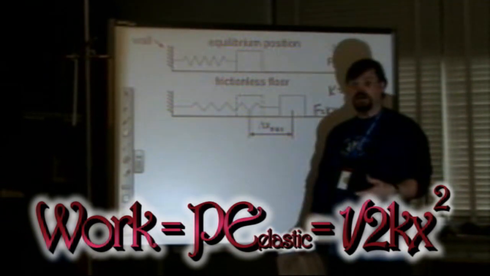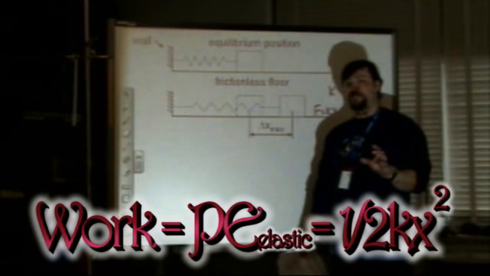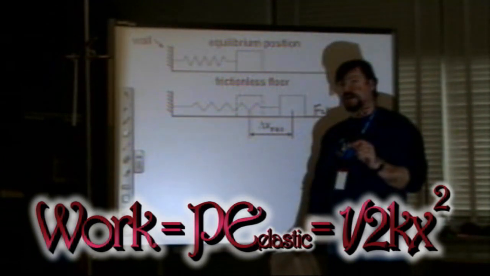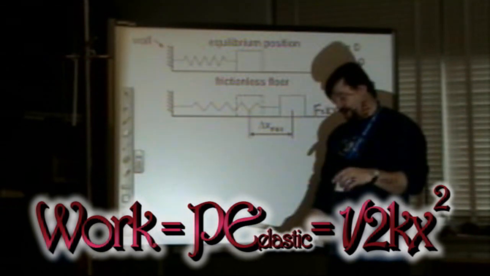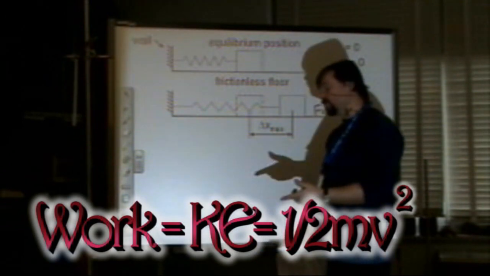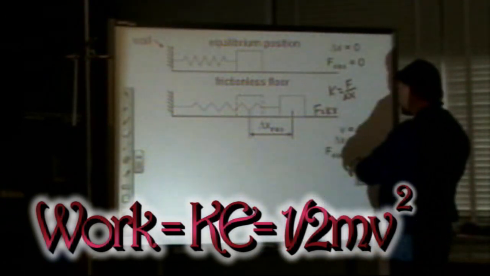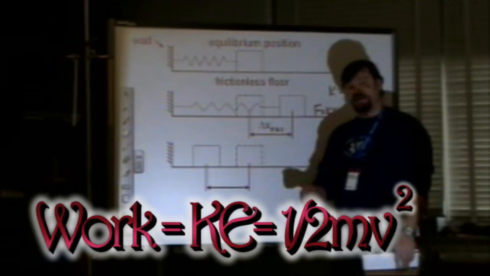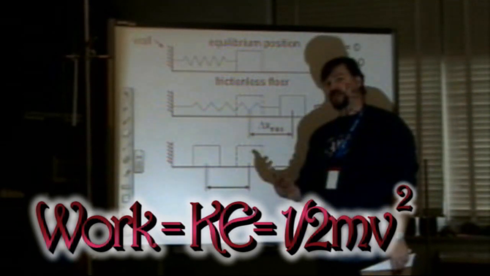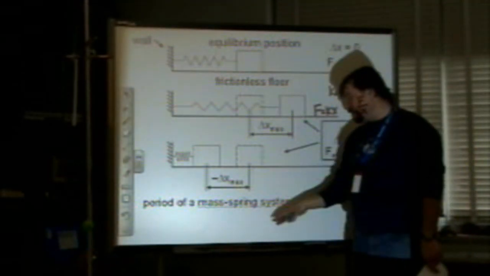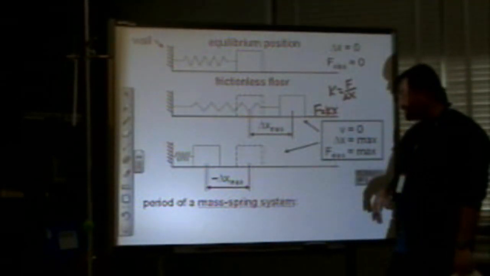The amount of work done by a spring being the elastic potential energy is 1/2 k, k being the spring constant, times displacement squared. And we also saw this as determining the speed that is released of a spring into kinetic energy, 1/2 mv squared. So we could determine the period of a mass spring system.